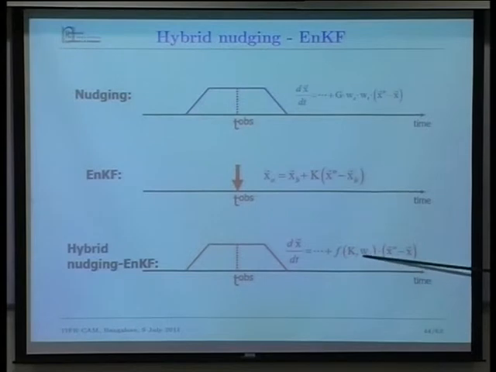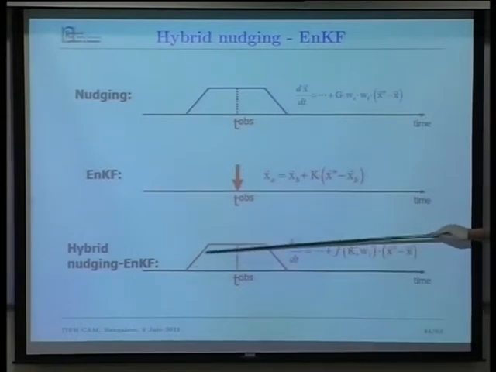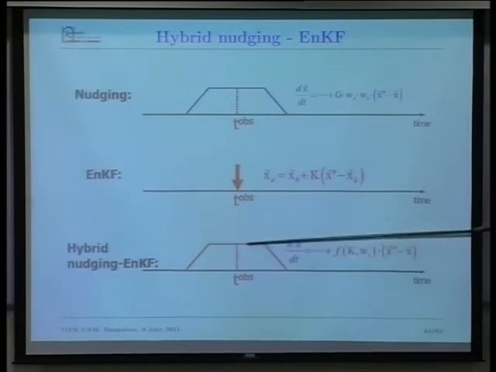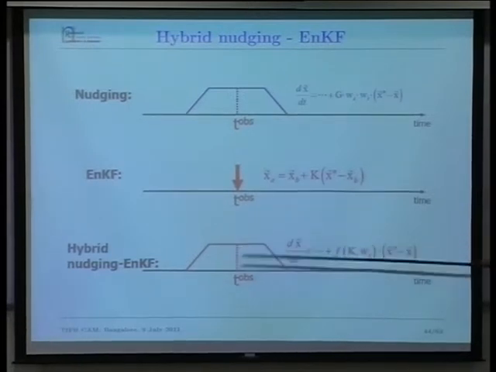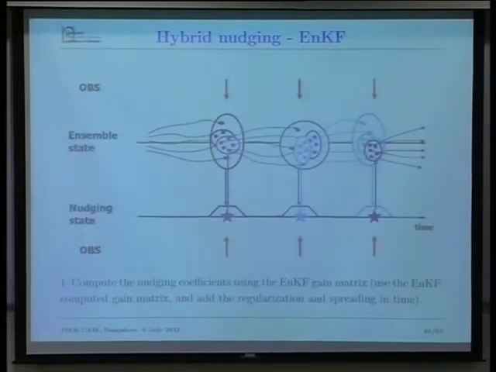So the idea is to add this correction coming from the ensemble Kalman filter, but in a smooth way in time. So not exactly at the observation time, but over a few time steps.